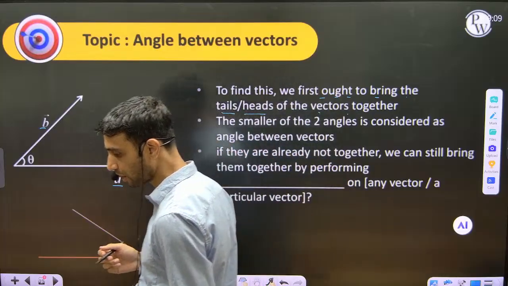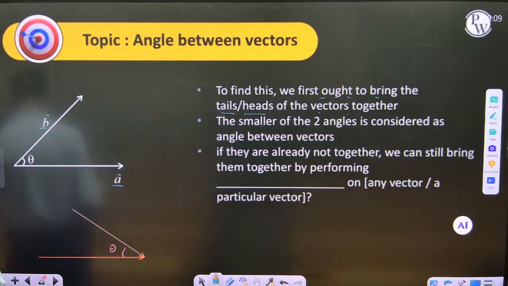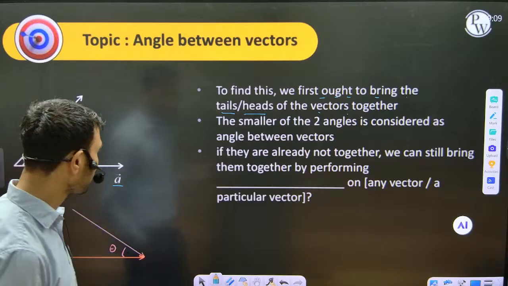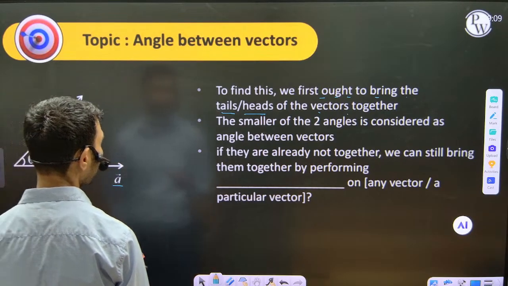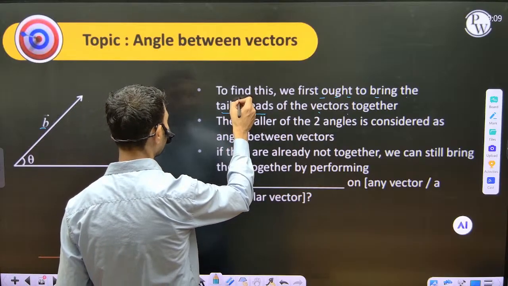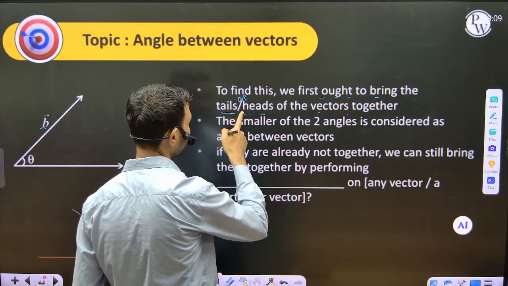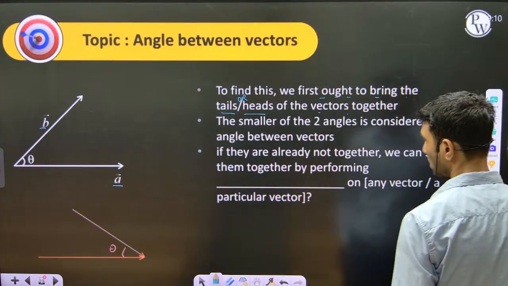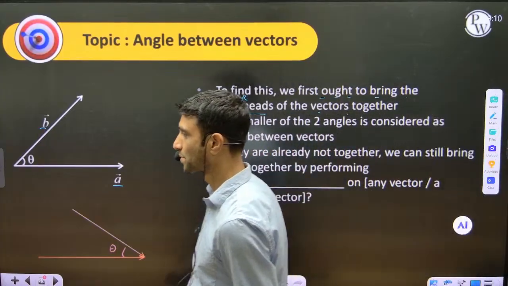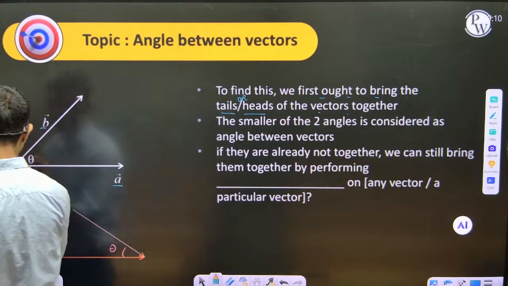So we are going to learn how to find angle between vectors, right? So what is the first step? You have to bring either the tails or heads. Anything will work, right? You either bring the tails together or you bring the heads together. So here we have got the tails together.